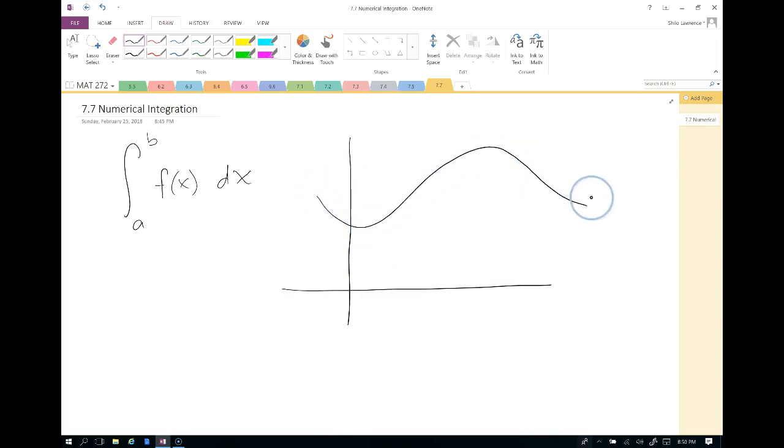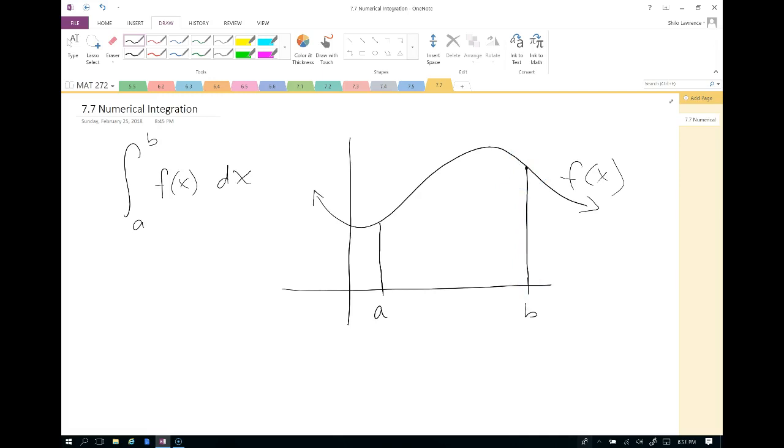So here's our function, and we will just call those A and B. So back from Calculus 1, hopefully you remember that a definite integral will give us the area underneath that curve, or the area between that curve and the x-axis.